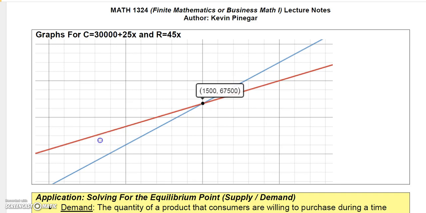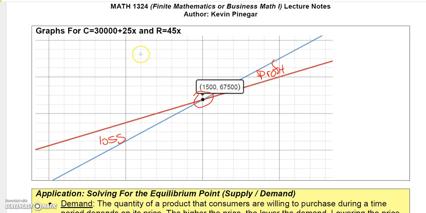So over here you would be experiencing a loss. But once you get beyond 1,500, your revenue is above the cost function. So over here you're experiencing a profit. And of course, this point right here where they intersect is your break-even point.